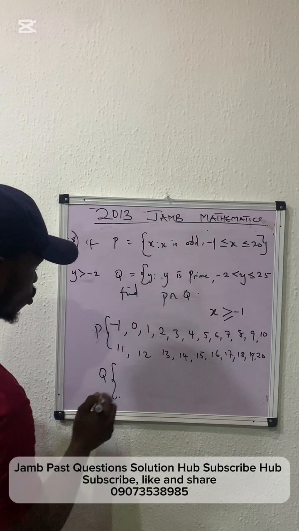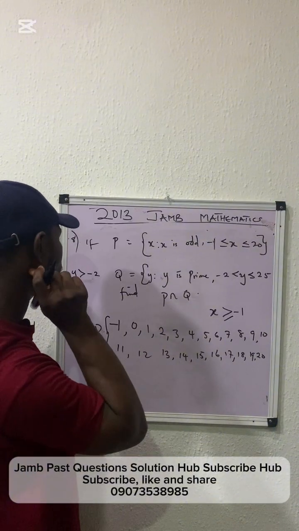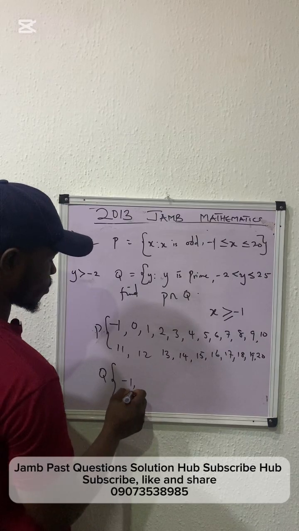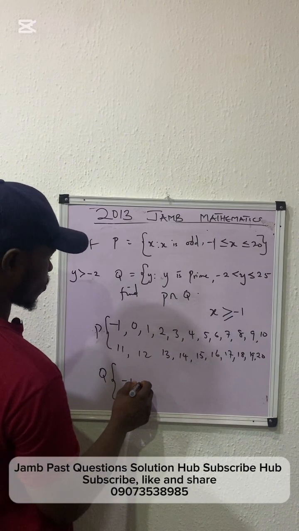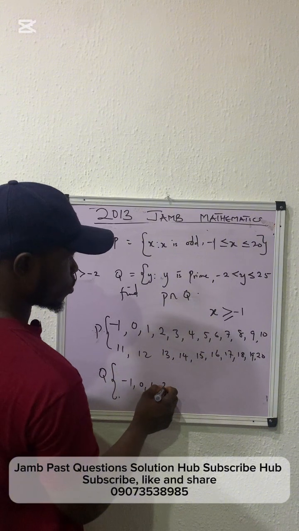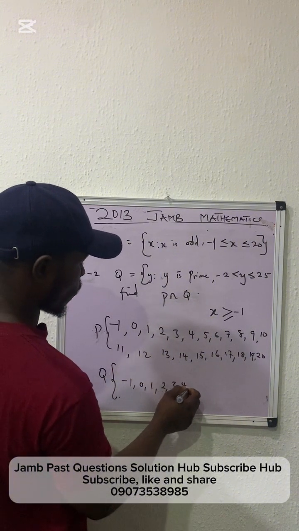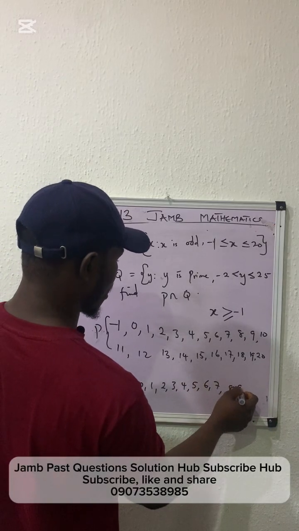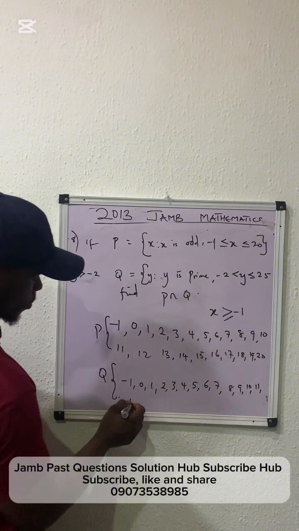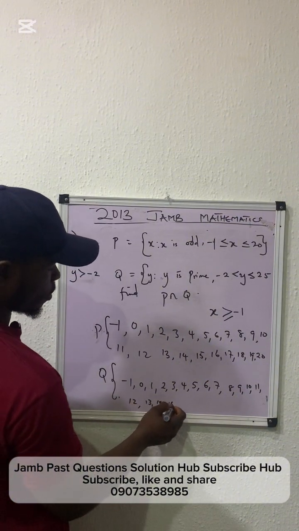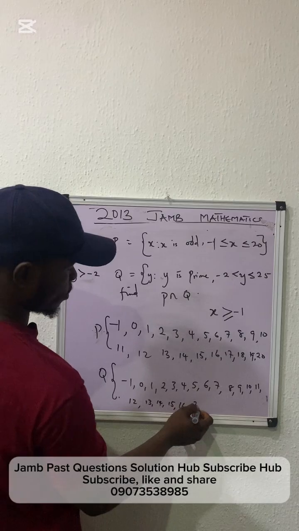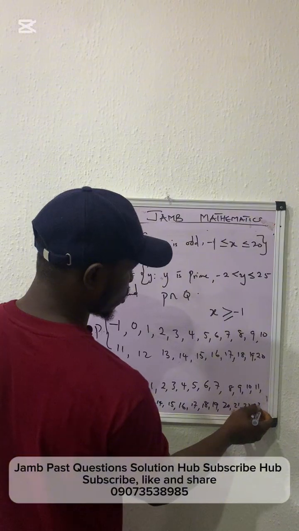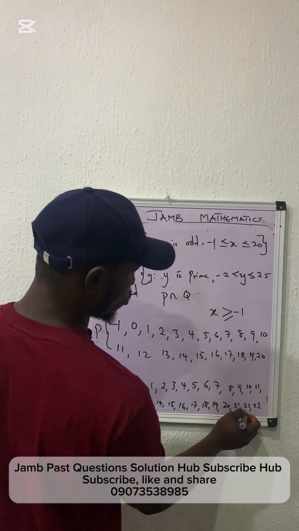So if Y is greater than -2, we have ranges of values: -1, 0, 1, 2, 3, 4, 5, 6, 7, 8, 9, 10, 11, 12, 13, 14, 15, 16, 17, 18, 19, 20, 21, 22, 23, 24, and 25.